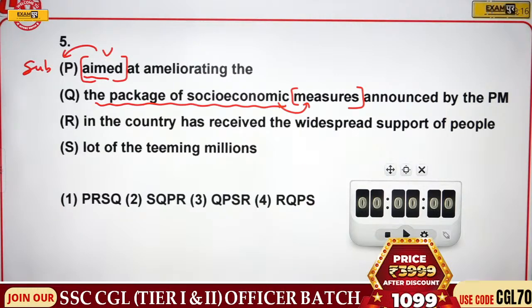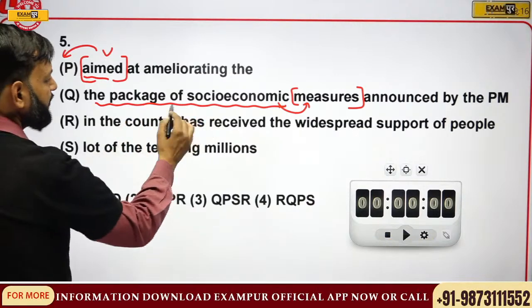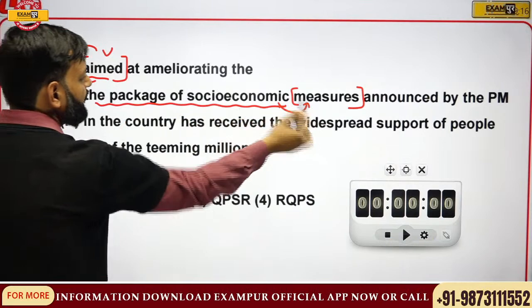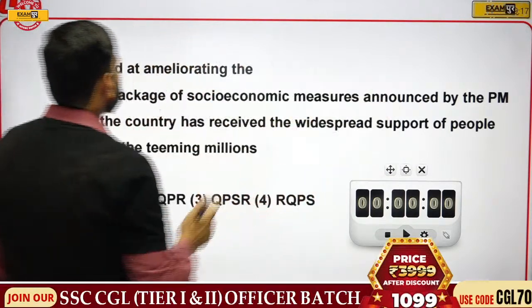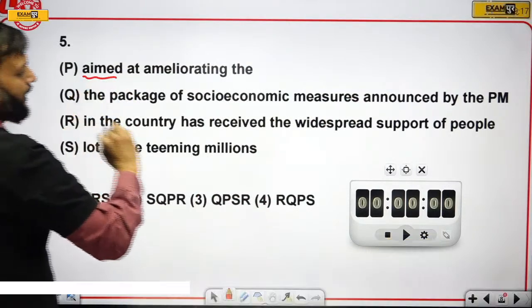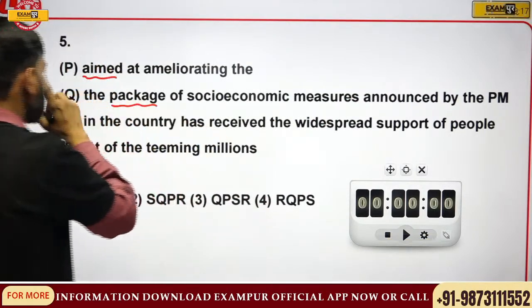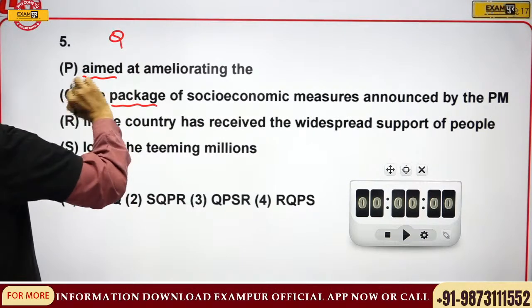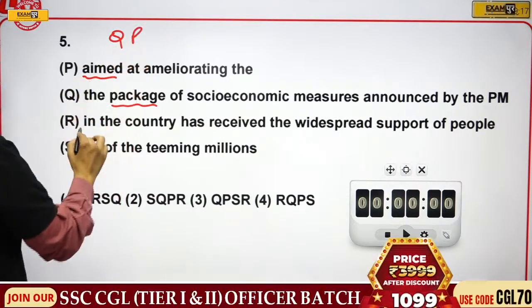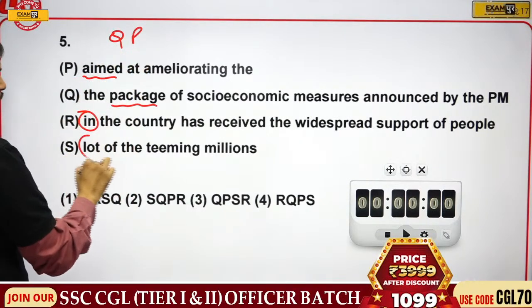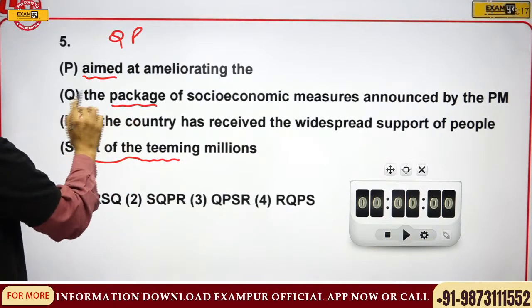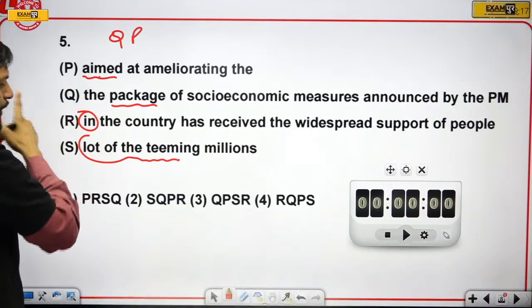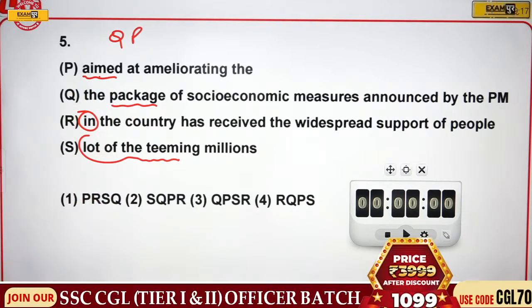So, this subject, the package of socio-economic measures, let's see this question one more time. Here we have a verb and here we have the subject. It means Q has to be placed before P, because in cannot be the subject, lot of the teeming millions, these two cannot be the subject, so only Q option is there which can be the subject of aimed. So Q and P should be together.